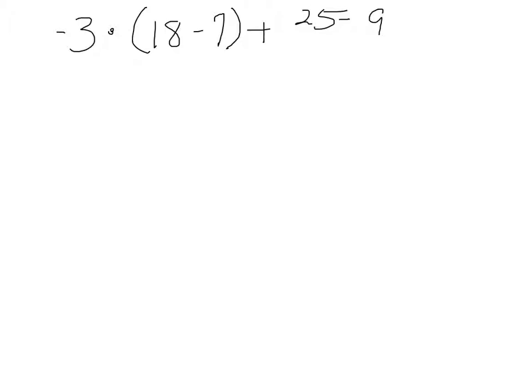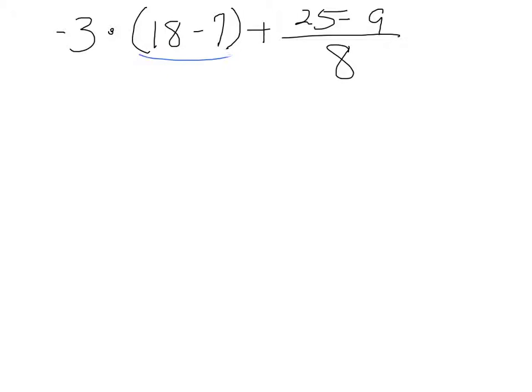Okay guys, last example with integers. If we have negative 3 times (18 minus 7) plus 25 minus 9, but divided by 8. Following your order of operation, do we have any parentheses?